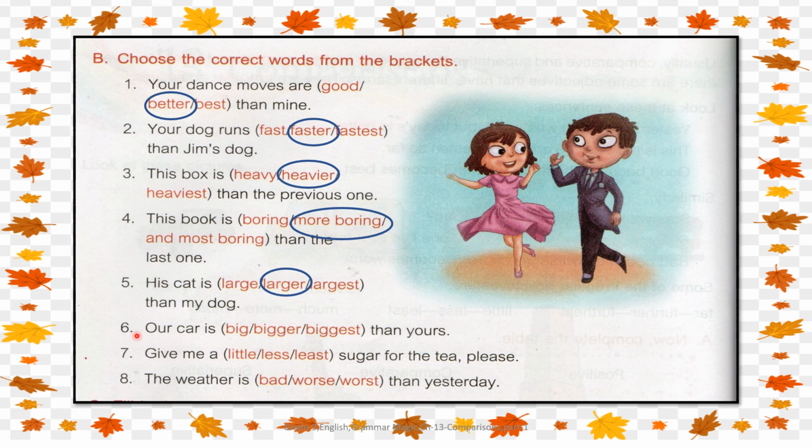Larger, yes. Six, our car is big, bigger, biggest than yours. Bigger. Give me a little, less, least sugar for the tea, please. Less. The weather is bad, worse than yesterday. Worse. So children, everyone circle the words.